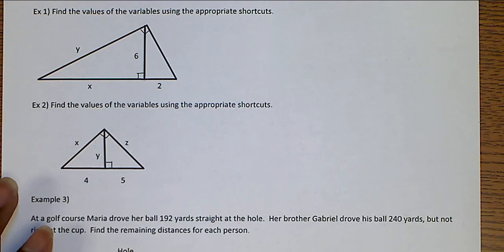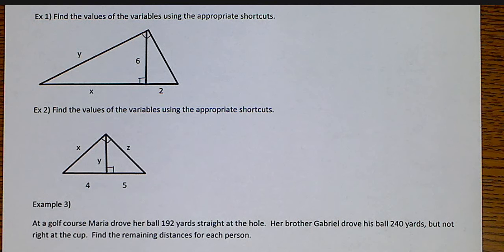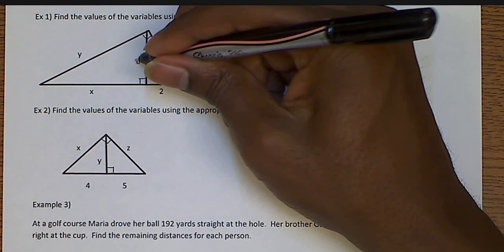Alright, here's another example. We want to find the values using the appropriate shortcuts. Now here's a tricky one. Because the other two examples, and this happens a lot, showed us finding this altitude.